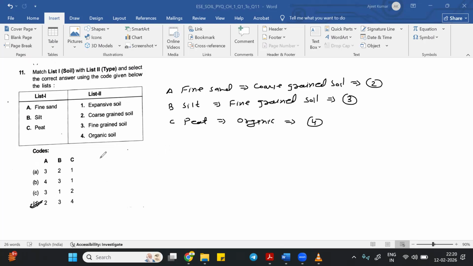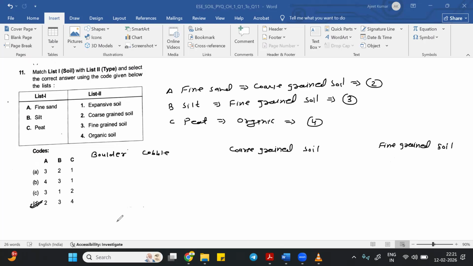If we make the list, so let me make the list. Boulder, cobble, coarse grained soil, and fine grained soil.